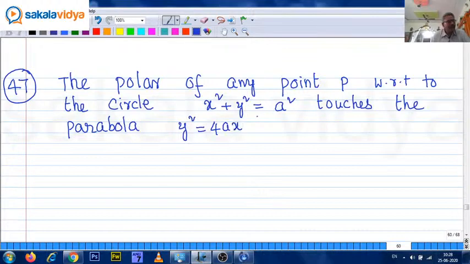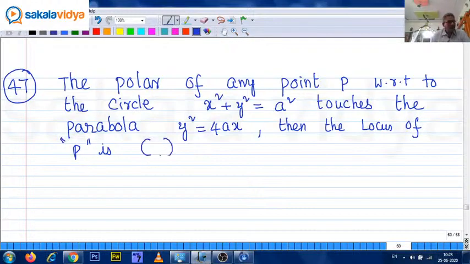Then the locus of P is. First option, y square minus ax equals 0.